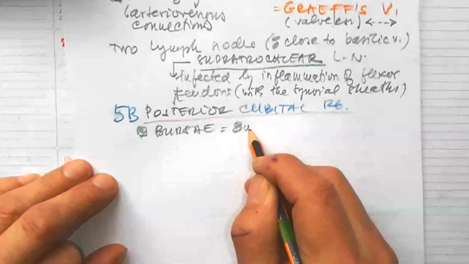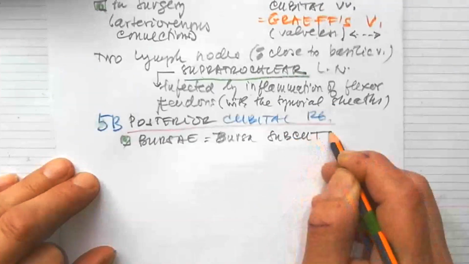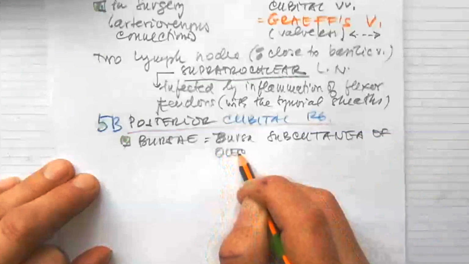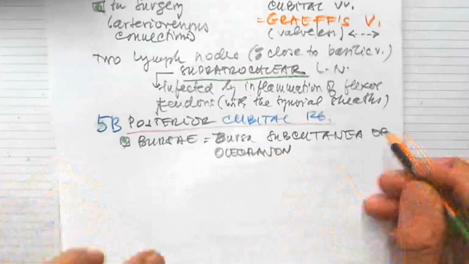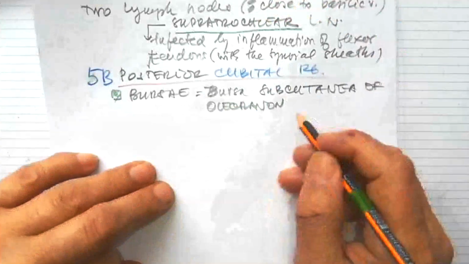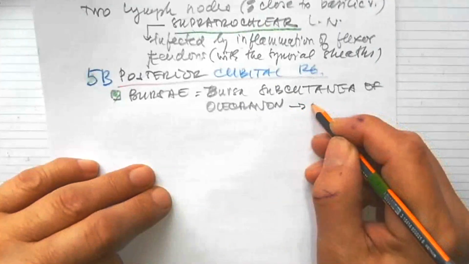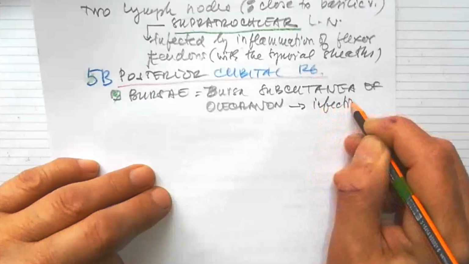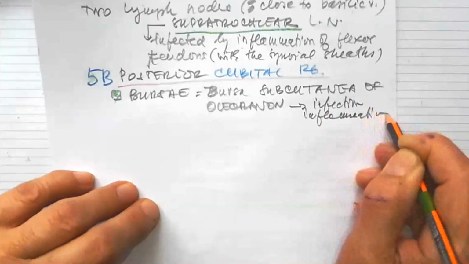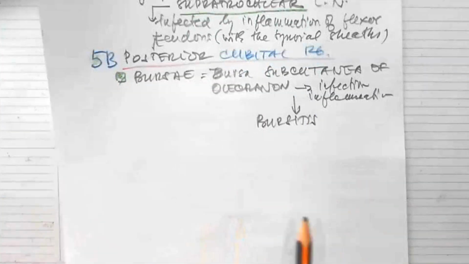I would use the whole official name, bursa subcutanea of olecranon, and there is also the upper bursa subcutanea frequently affected by compression, trauma, infection or inflammation, also leading to bursitis. Again, bursitis is a painful situation.